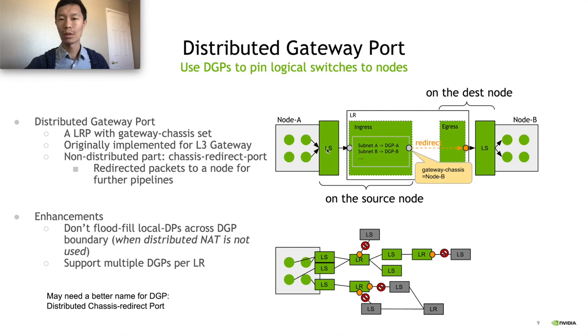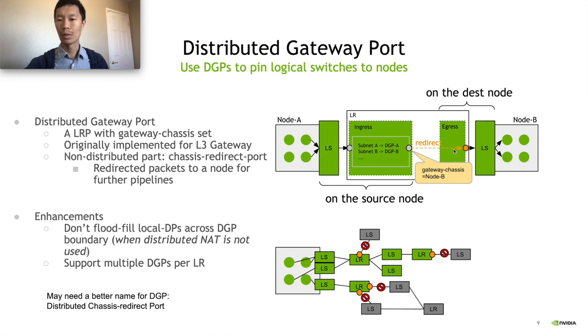When packets go through the logical switch on node A side and enter into the logical router ingress pipeline, according to the routing information for the destination subnet, we find out the output port, which is the distributed gateway port with chassis set to node B.